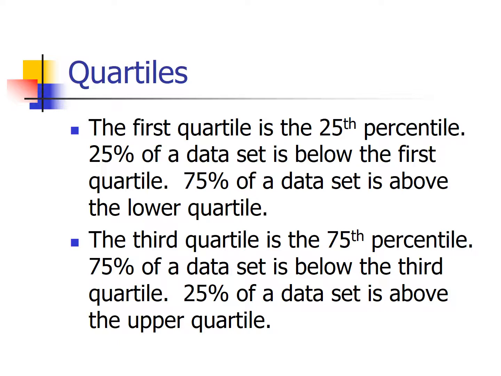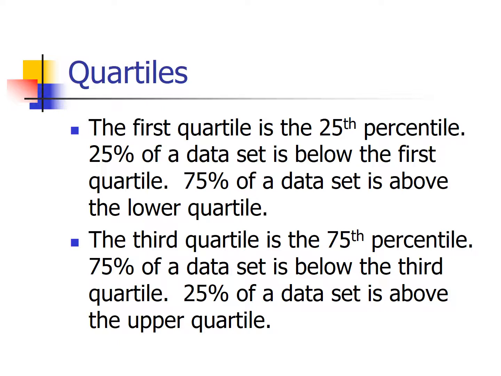So, before we talk about the interquartile range, we need to talk about something called quartiles. There are two quartiles. There's the first quartile and the third quartile. Depending on the textbook, these are sometimes referred to as the lower quartile, that would be the first quartile, or the upper quartile, that would be the third quartile. The first or lower quartile is defined to be the 25th percentile.